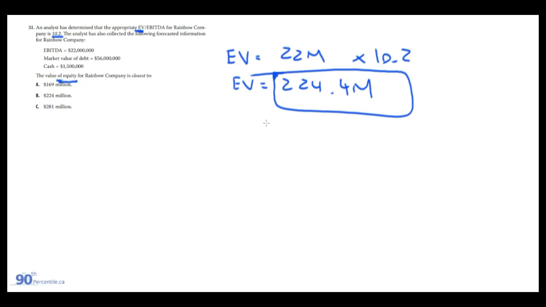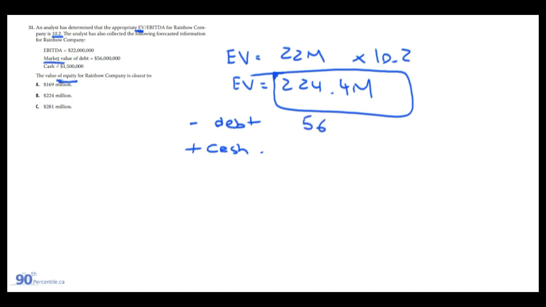To make our way down from this enterprise value, we have to subtract debt and add back cash, because it's assumed that this cash can be used to offset some of the debt that you're assuming. So we have 224.4, and we're going to subtract 56.